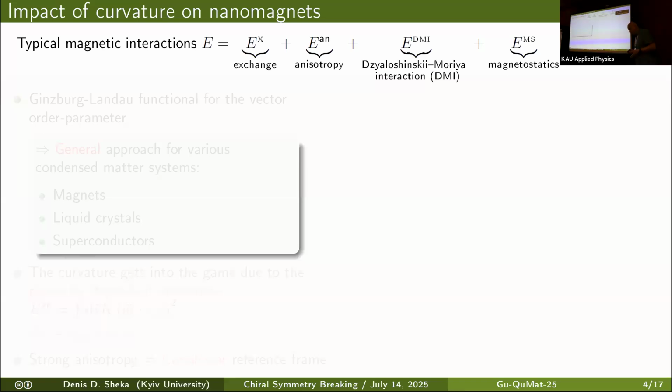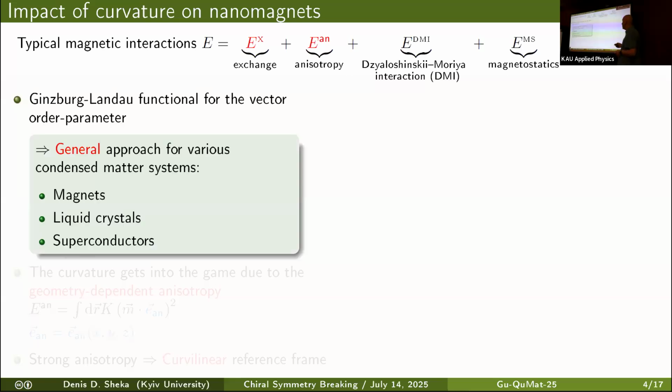To consider the impact of curvature on nanomagnets, we consider the typical model of a ferromagnet with four interactions: exchange, anisotropy, Dzyaloshinskii-Moriya interaction, and magnetostatics. In principle, we can minimize the model, considering just two interactions, exchange and anisotropy, to understand most of the ideas.